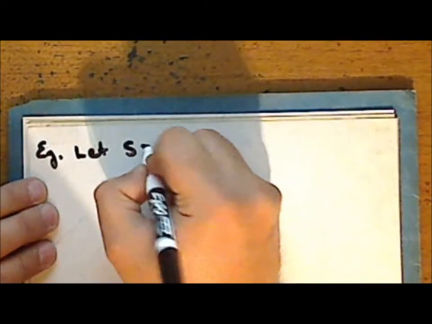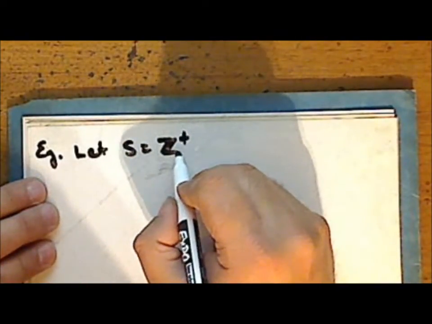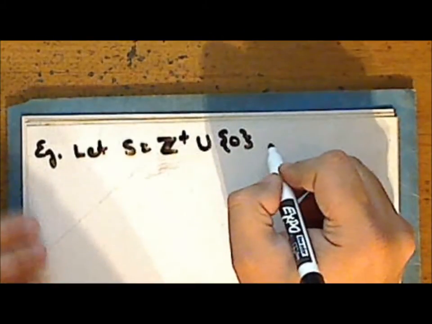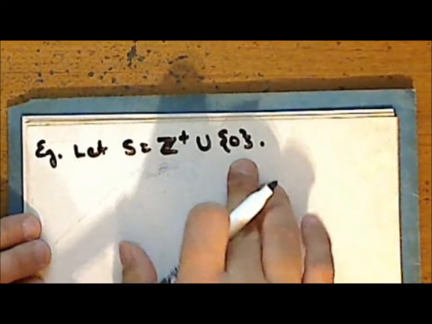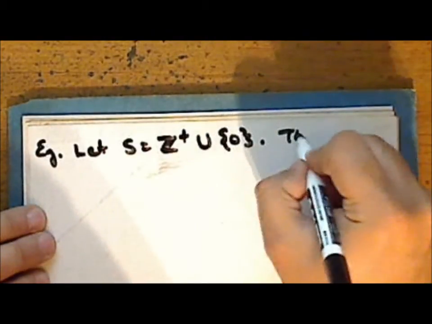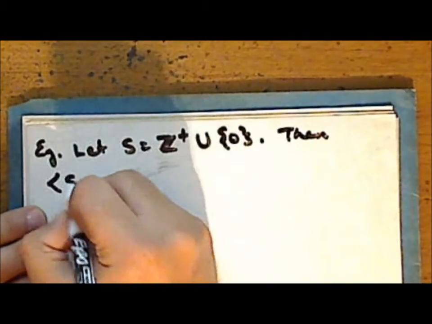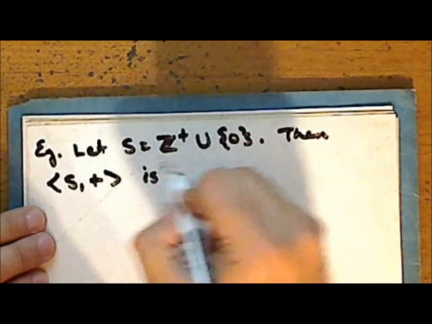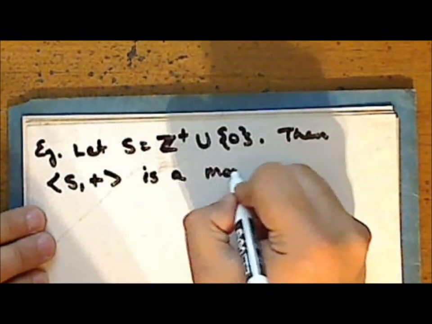Let the set S be the union of the positive integers together with the singleton set containing the number 0. That is, we're adding the number 0 to the set of positive integers. Then the structure consisting of the set S with the operation of addition is a monoid.